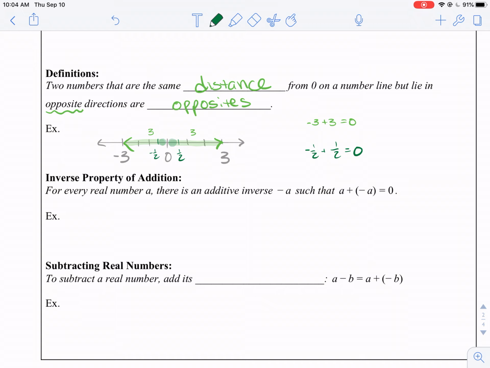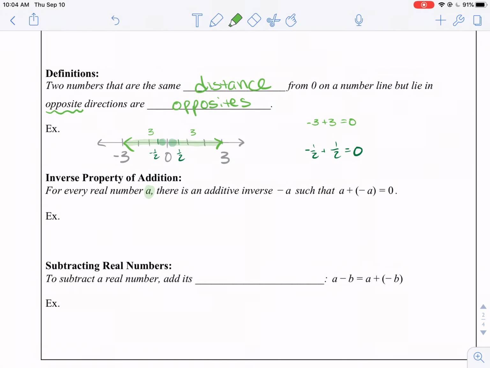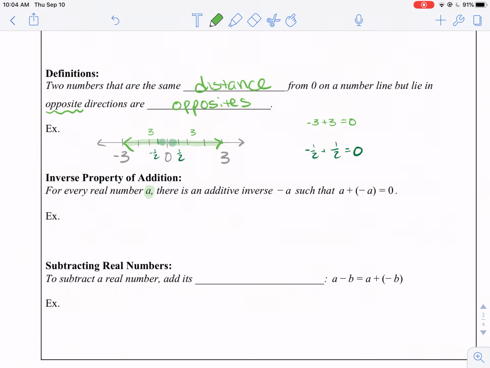That gets me ahead of the game to the inverse property of addition, that for every real number, no matter what your real number is, there's an additive inverse. When we say additive inverse, it's the same as your opposite. So additive inverse, -a, is always the opposite, such that a plus -a equals 0. And these are our examples down here.